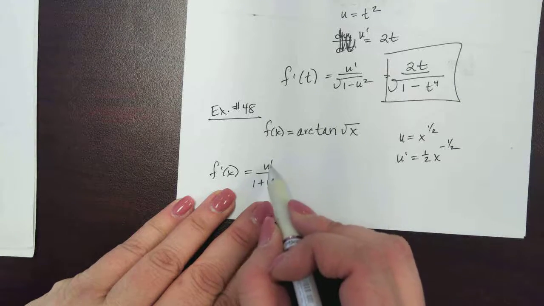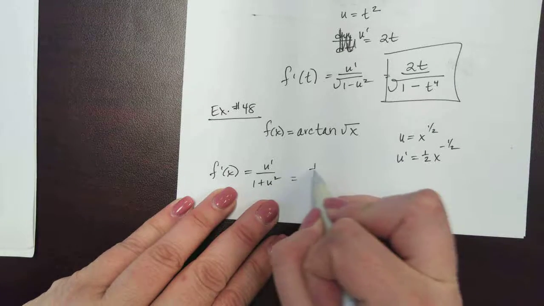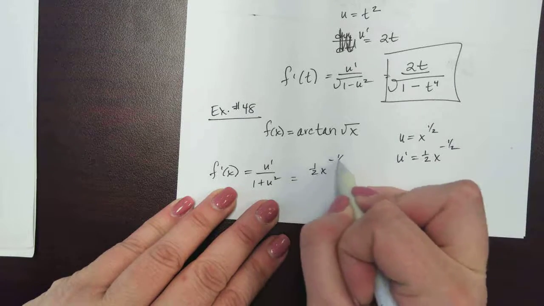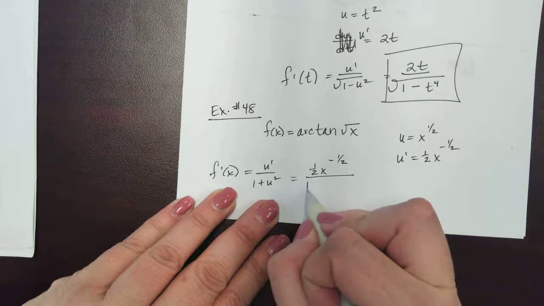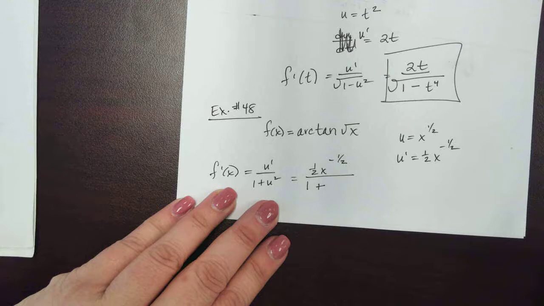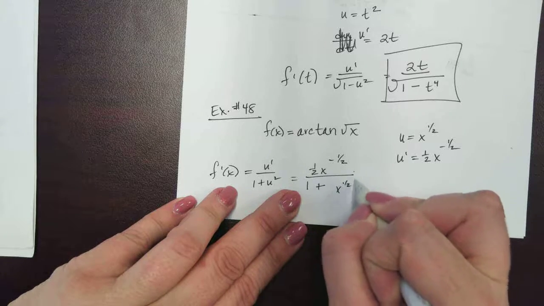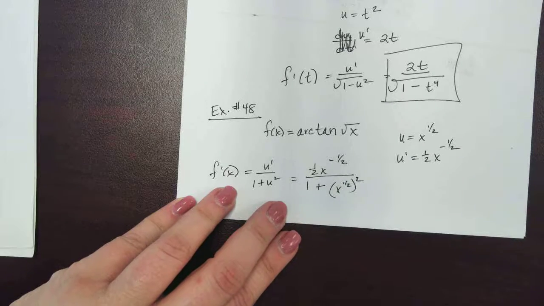So here I've got my u prime all over 1 plus u squared. My u prime, we said, is 1/2 x to the negative 1/2, all over 1 plus u squared. Well, u is x to the 1/2, that's square root x. If I square that, you square the whole thing.